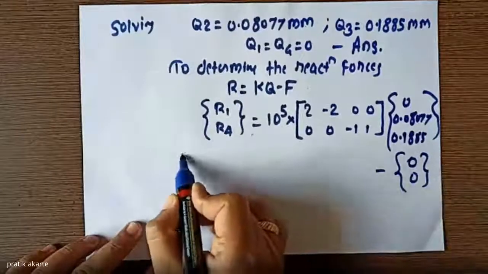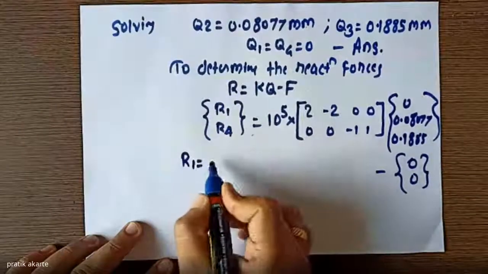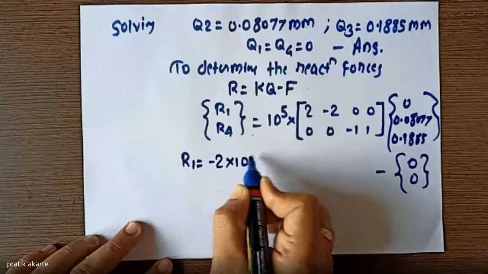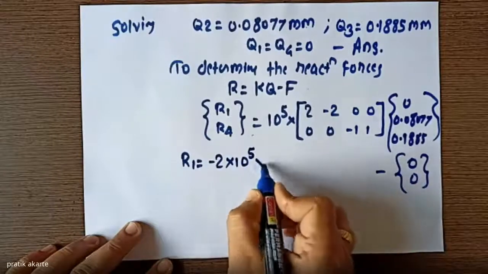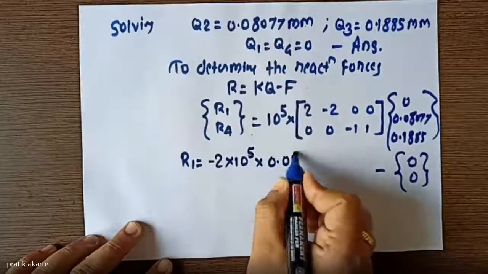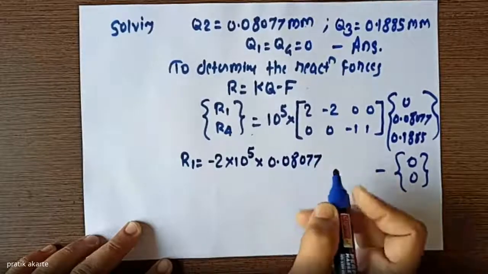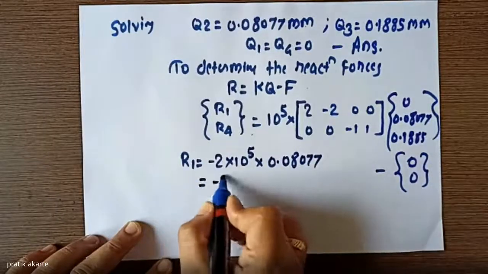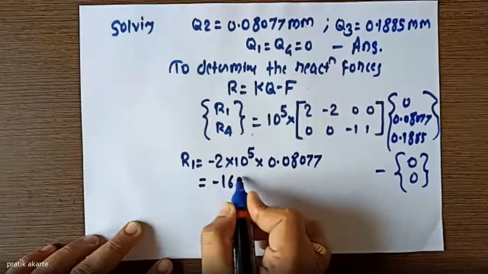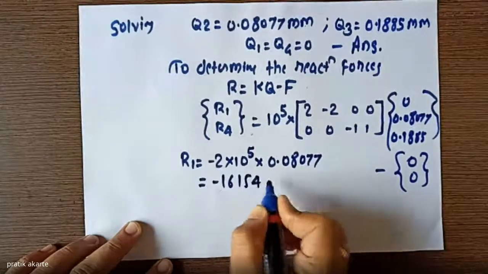So R1 is coming out to be minus 2 into 10 to the power 5 into 0.08077, which is minus 16154 Newton.